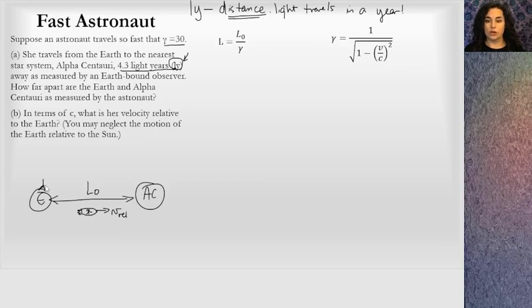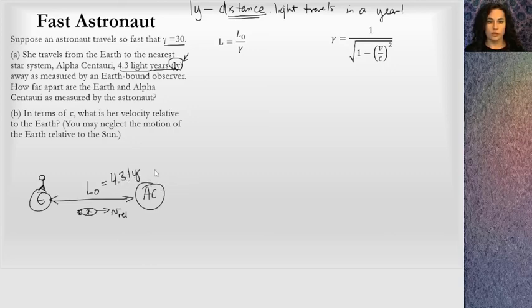The person on Earth is at rest with both of these. So the person on Earth is going to measure the proper distance. It says Alpha Centauri 4.3 light years away is measured from the earthbound observer. So the proper length is 4.3 light years.